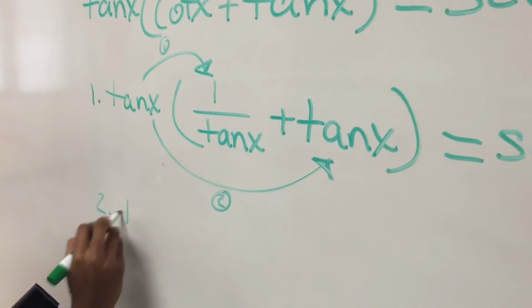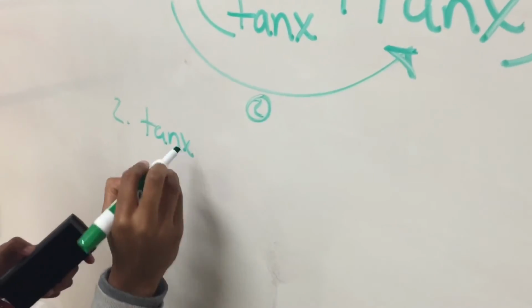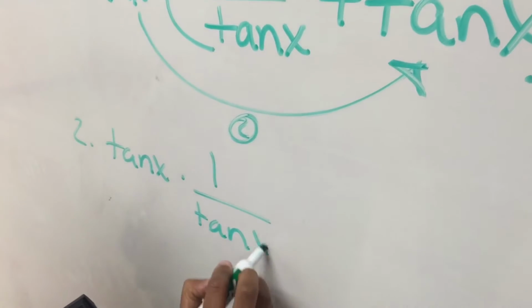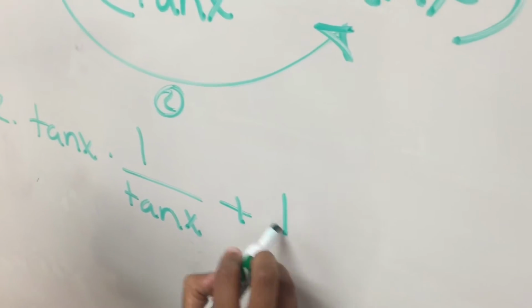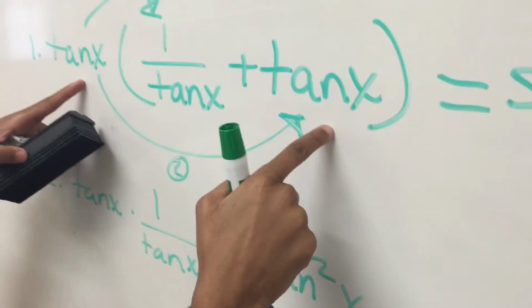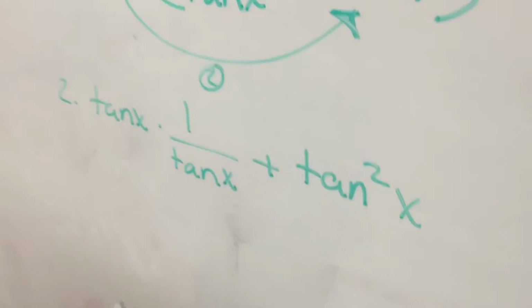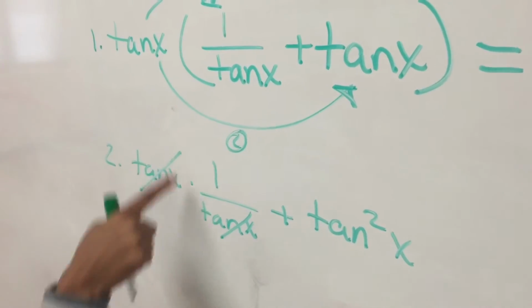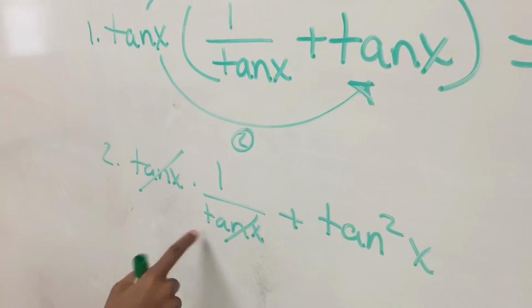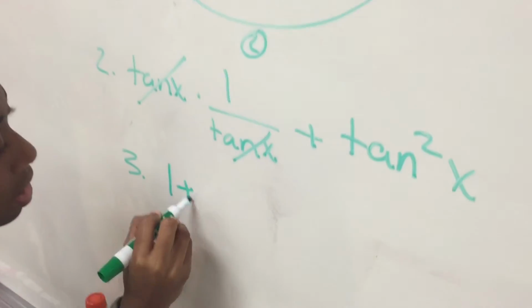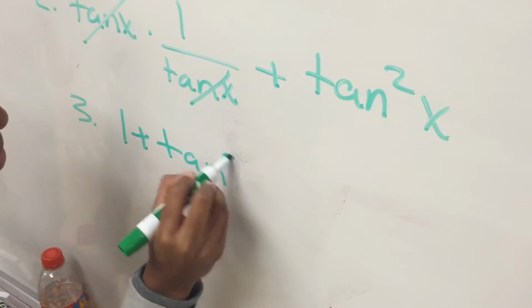And you will have tangent x times 1 over tangent x plus tangent squared x, because we have two tangent x's multiplying together. From here, you would cancel out those tangents because they're on different sides, this on the top, that's on the bottom. And so you would have 1 plus tangent squared x.